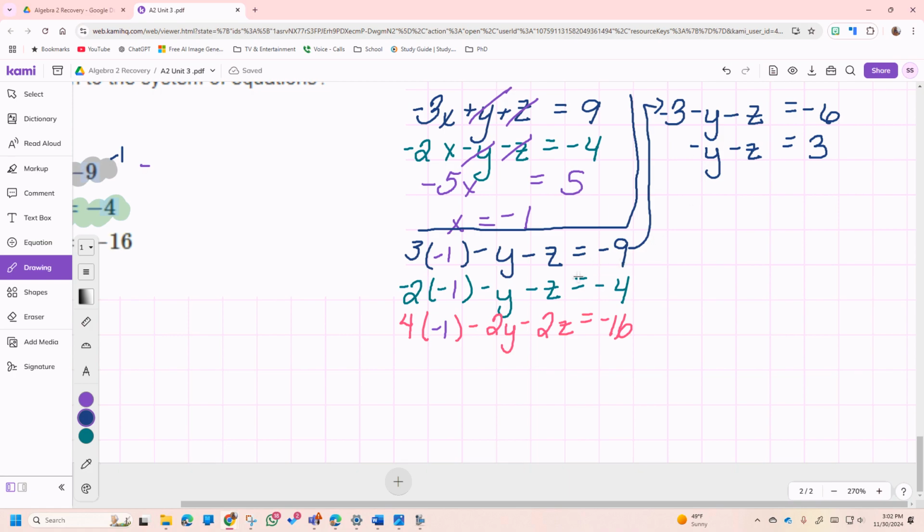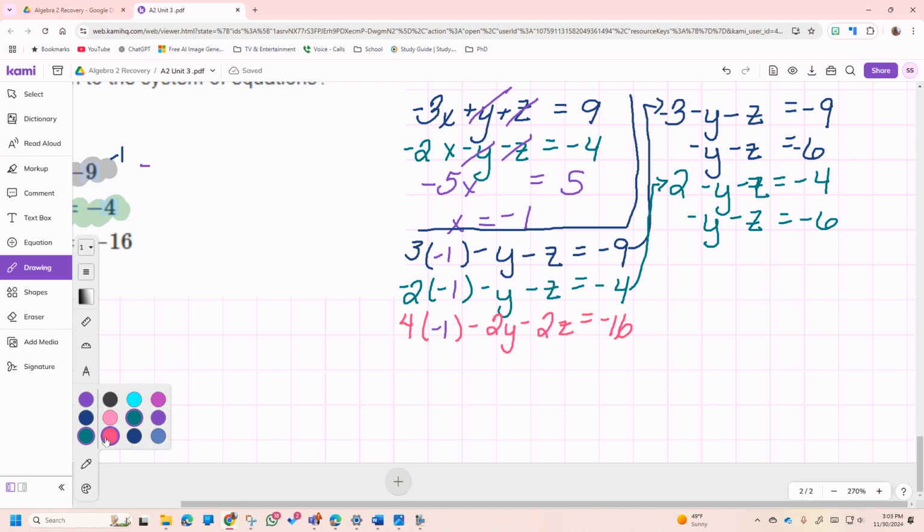I changed that 9 because I was thinking ahead of the game. So let me put this 9 back here. It was -9, and then I added 3, and it became -6. I do the same thing with this green equation, and I get 2 minus y minus z equals -4, and I end up with -y minus z equals -6. So I noticed that my equations, when simplified, look exactly the same.